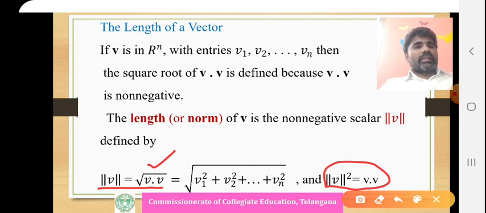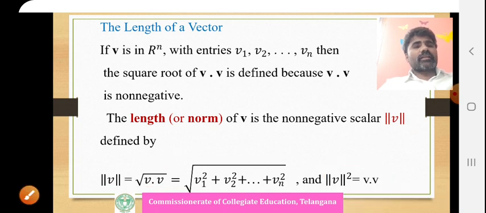This is the norm or length of a vector. In geometry, it is nothing but the length of a vector. That means the distance from the origin to the vector is nothing but the length of a vector.